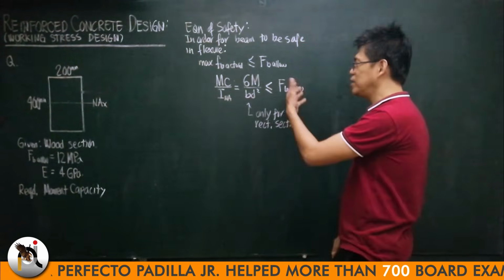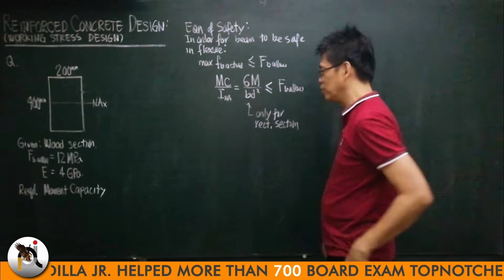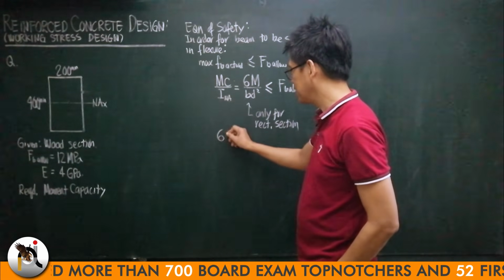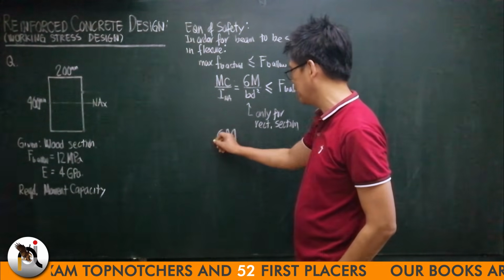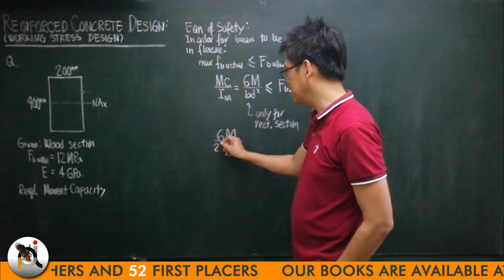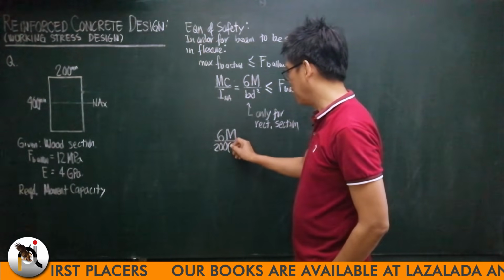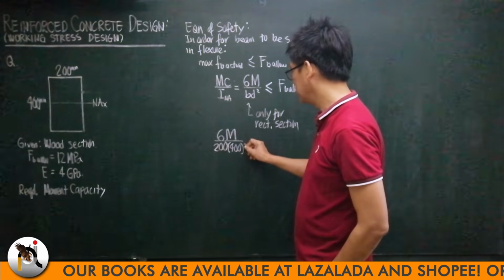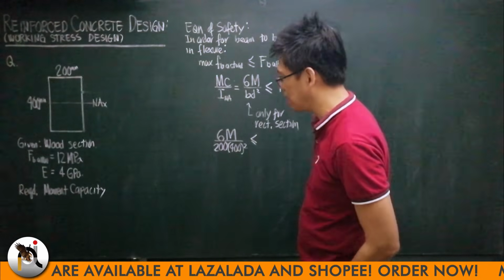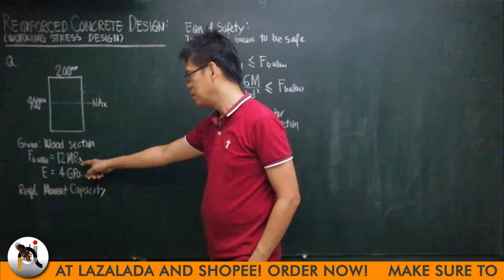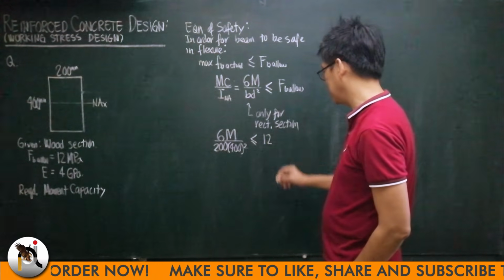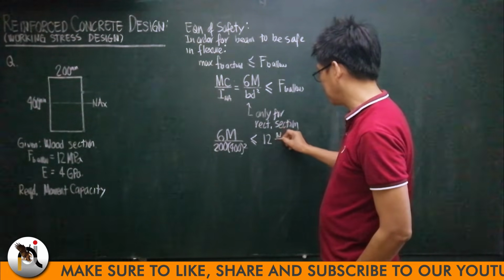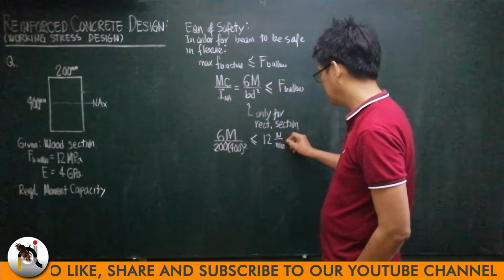So all we need to do is substitute the values. Here, 6 times M, this would be our moment capacity, over B, 200 times 400 squared, must be less than FB allowable, which is 12 megapascal. Megapascal is Newton per millimeter squared.